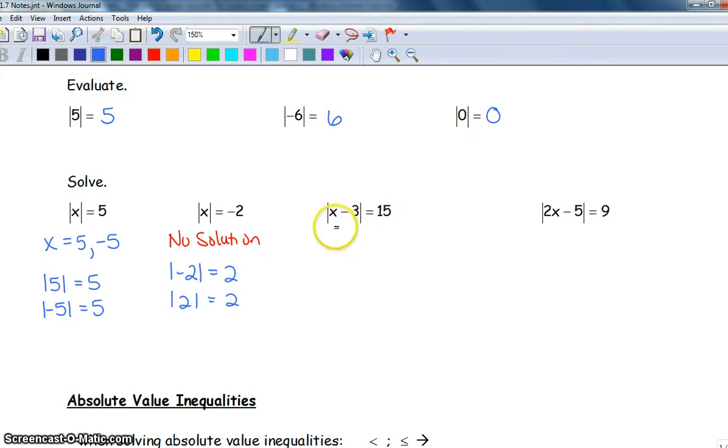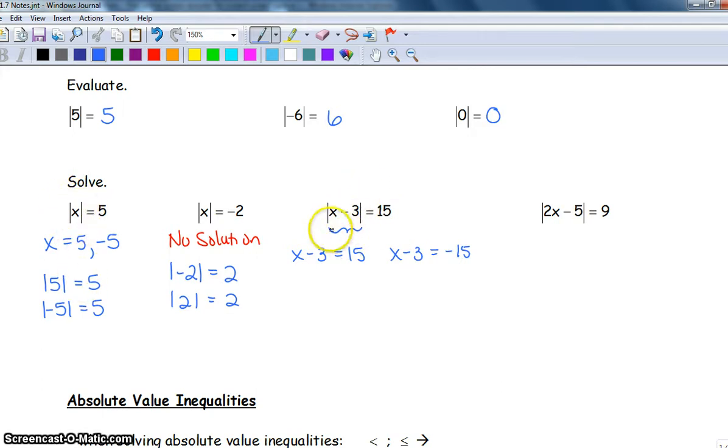Alright, next one we've got the absolute value of x minus 3 is equal to 15. So this entire quantity inside the absolute value bars, we want it to give us an answer of 15. Well, that whole quantity could equal a positive 15 or it could equal a negative 15. Because remember, the absolute value bars get rid of that positive or that negative. Just like here, this number could be a positive 5 or a negative 5.